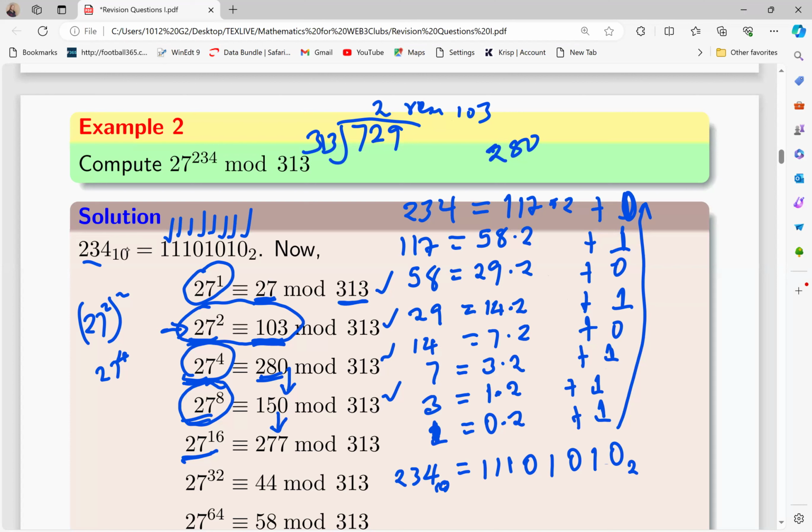We are together, is that okay? Now square this. You get 27 raised to 32. Also square this and divide by 313.